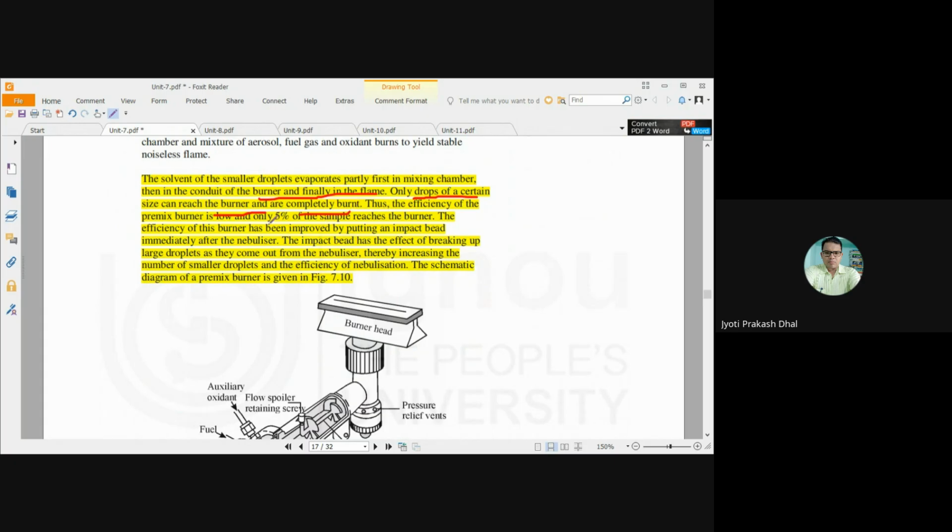Thus, the efficiency of the premix burner is very low, that is, only 5% of the sample reaches the burner. The efficiency has been improved by putting an impact bead immediately after the nebulizer. The impact bead has the effect of breaking up the large droplets that come out from the nebulizer, thereby increasing the number of small droplets and the efficiency of the nebulizer.